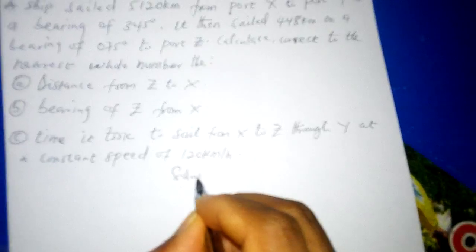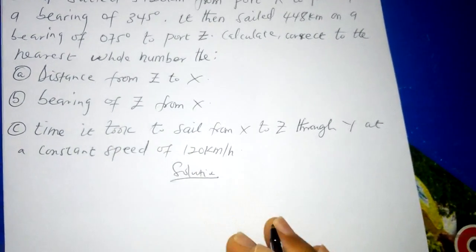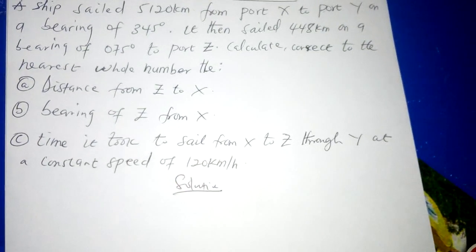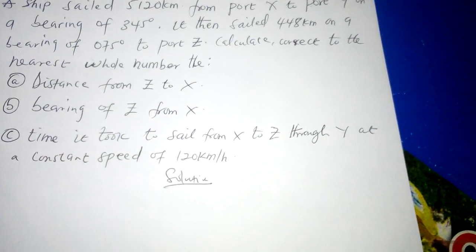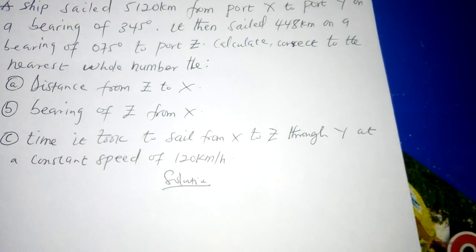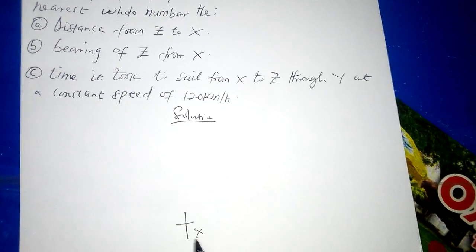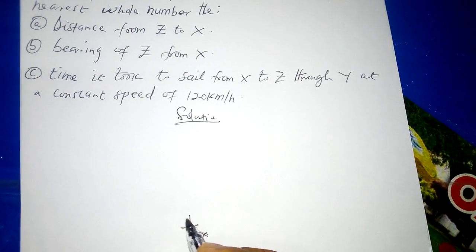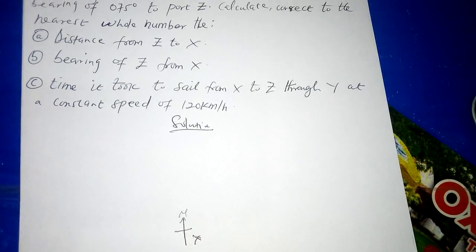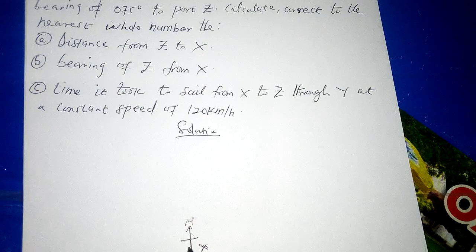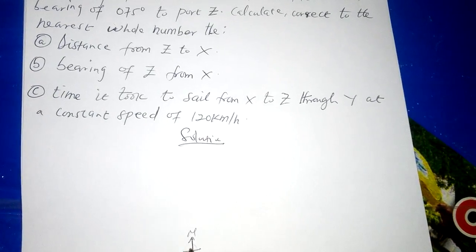I have my solution here. Okay, so I have the first one. It says from X, so let me put my X here. I hope you can see this is my X and this is my North Pole. So I'm saying that it sails on a bearing of 345. Here is 90, 180, 270, so I need 75 here.